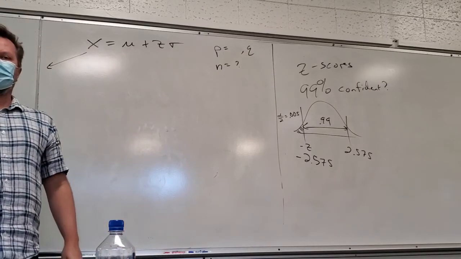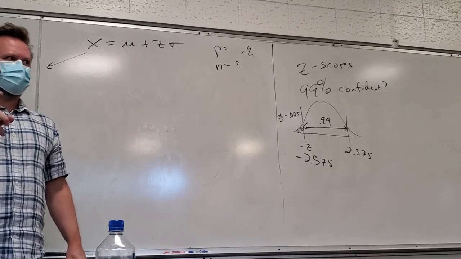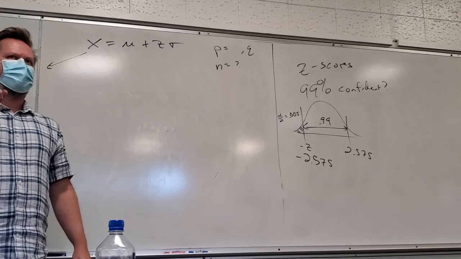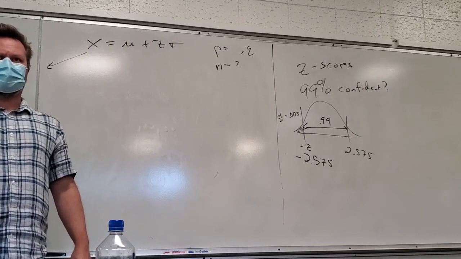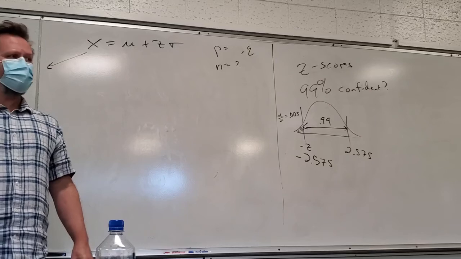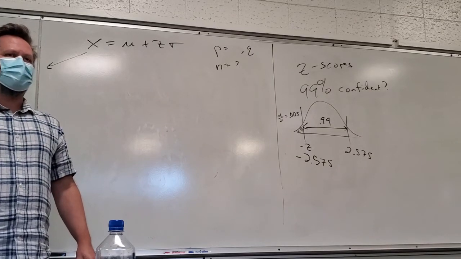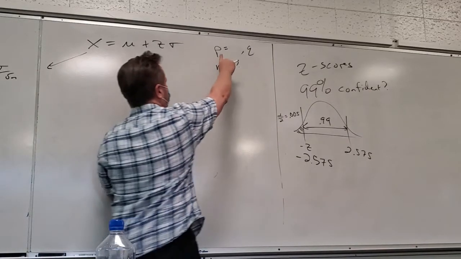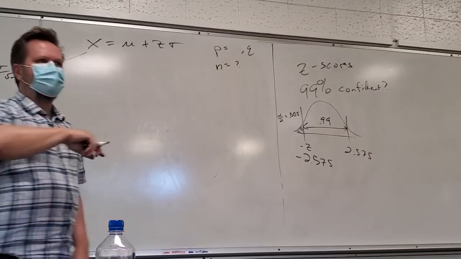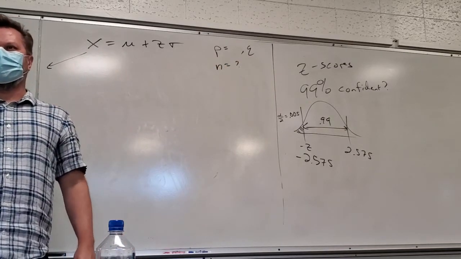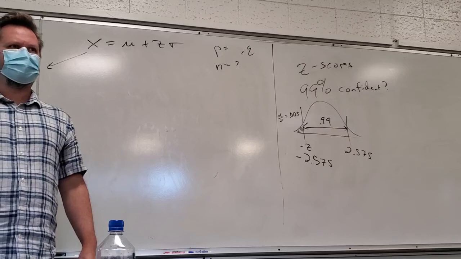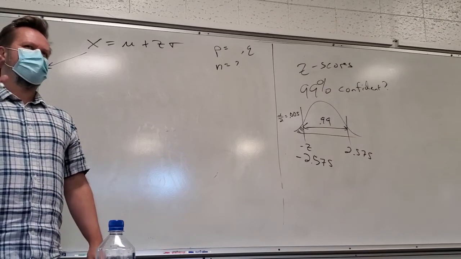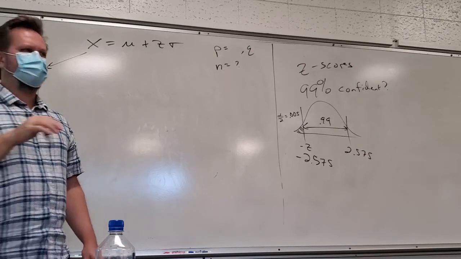Now, an immediately awesome thing is going to happen. If I have a population mean, does that symbol look the same as the sample mean? Nope. If I have a population percentage, which is the letter P, do you think it's going to look the same if it's a sample percentage? No. So what does a sample percentage look like?